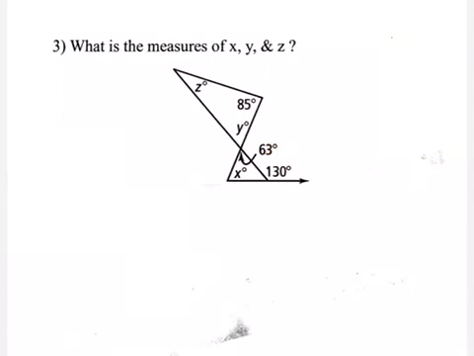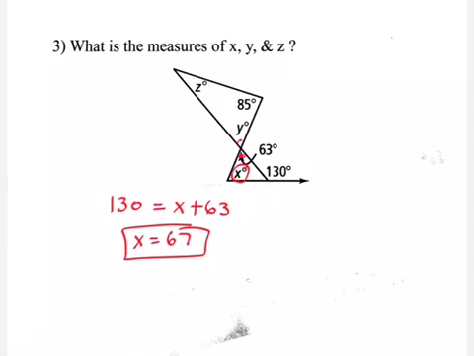Question 3, what is the measure of x, y, and z? Well, in this case, we can start by finding angle x the same way we found the previous example. We know that 130, the exterior angle, is equal to x plus 63. So we'll subtract 63, and we should get x to equal 67.